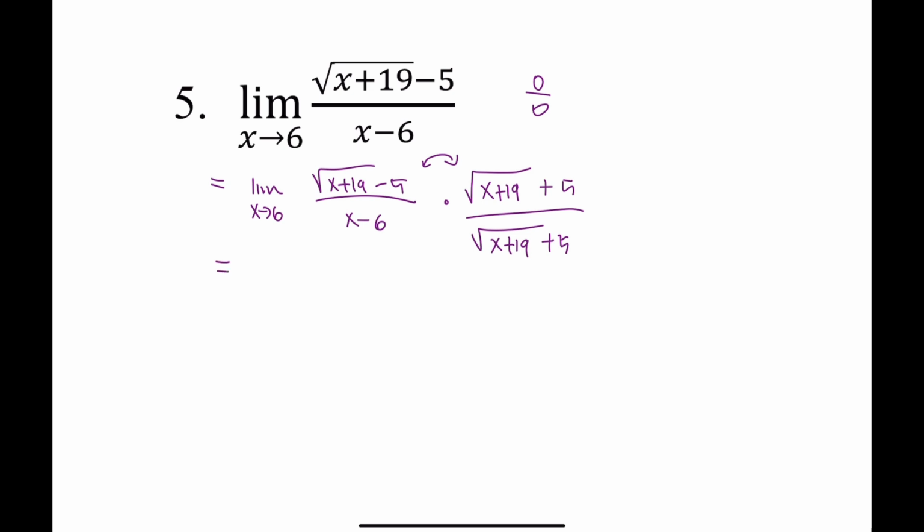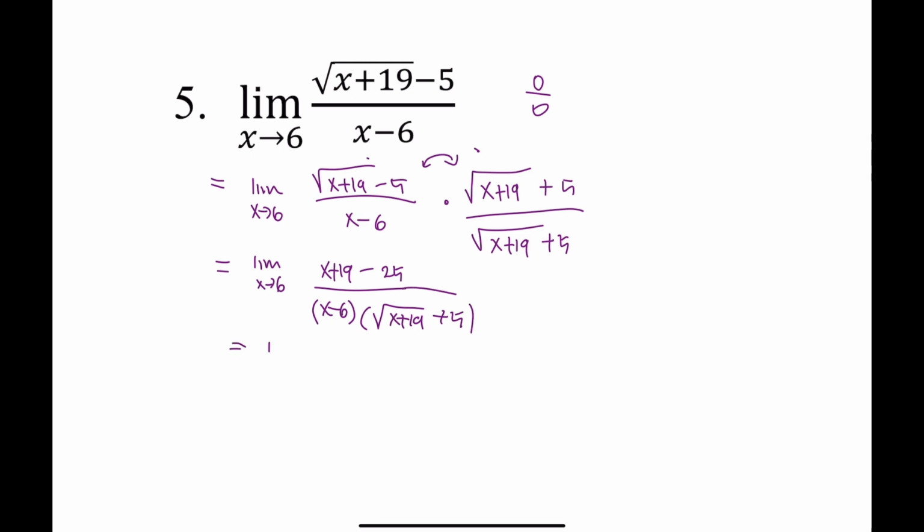So that's what we're going to do. As limit x approaches 6, x plus 19 minus 25 if you multiply the top numerators, and then all over x minus 6 times square root of x plus 19 plus 5.